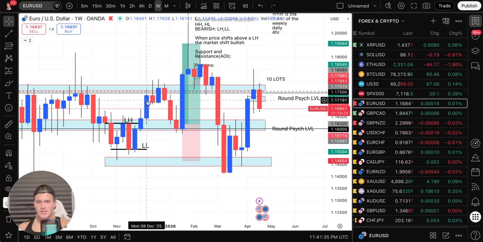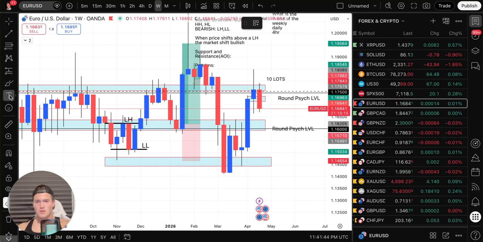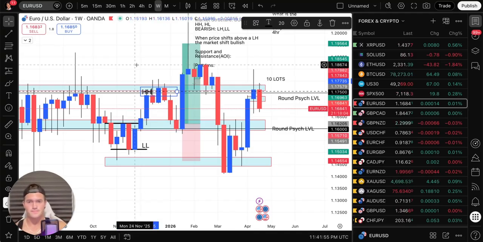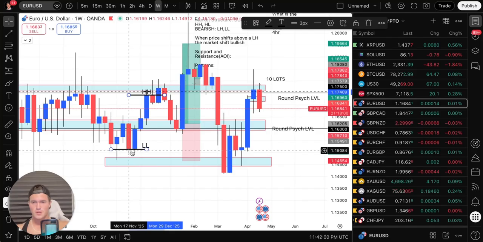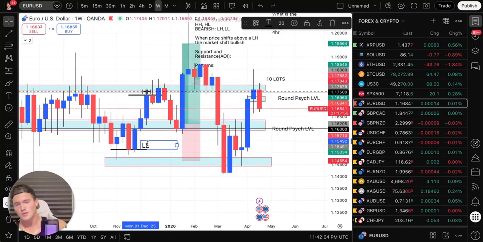And since price has shifted above this lower high, this right here turns into your higher high up here, and this elbow here shifts into a higher low.